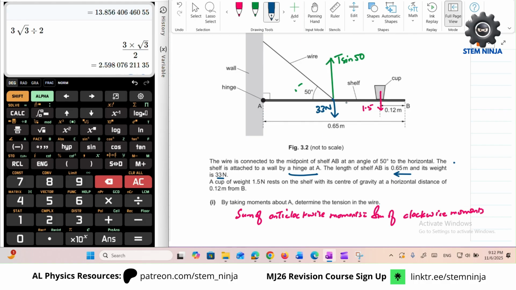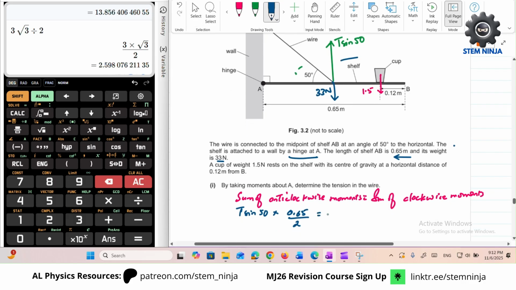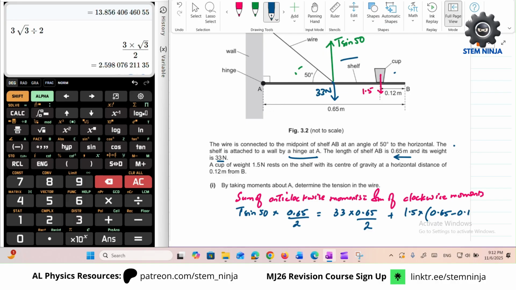The only anti-clockwise one is T sine 50. So T sine 50 times 0.65 divided by 2 equals 33 times 0.65 over 2 plus this one, 1.5 times 0.65 minus 0.12.